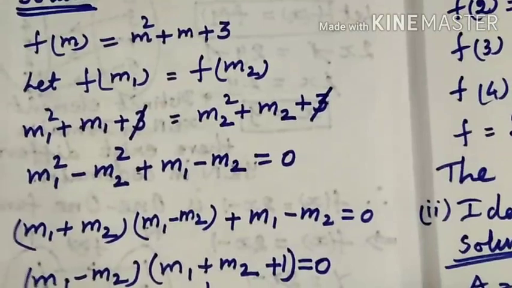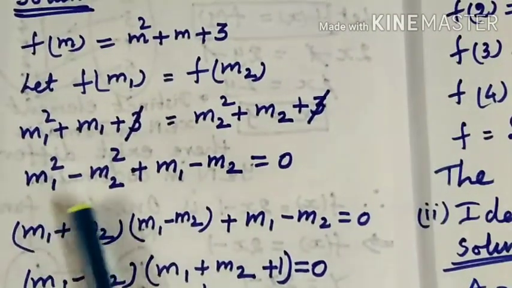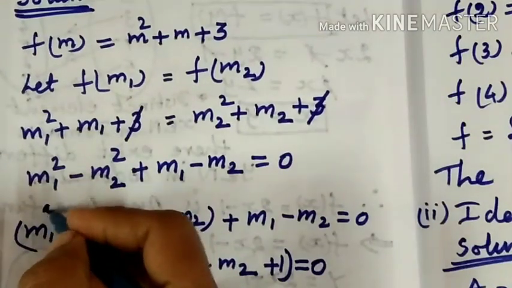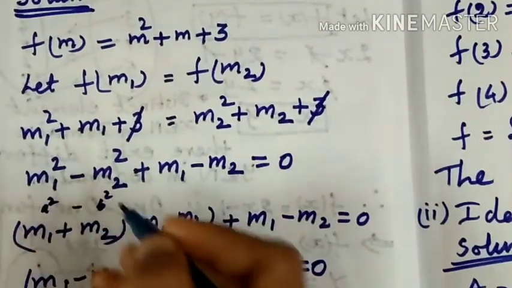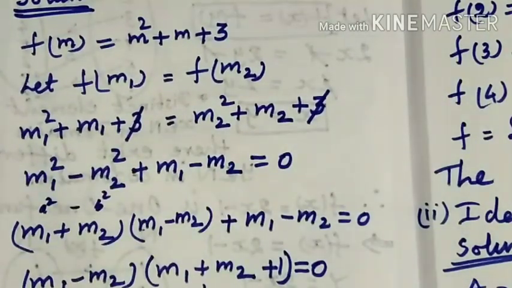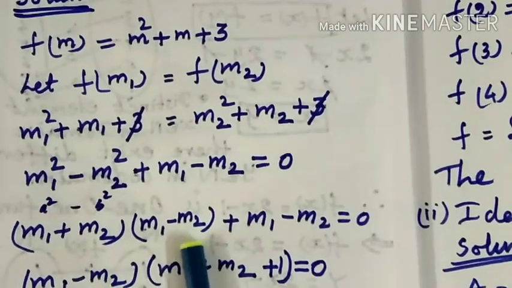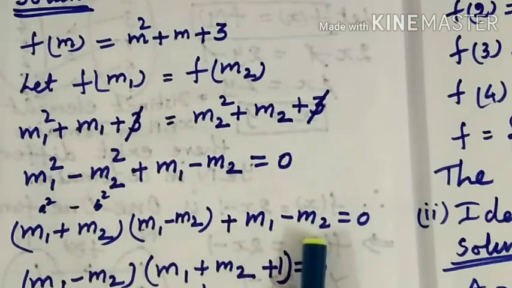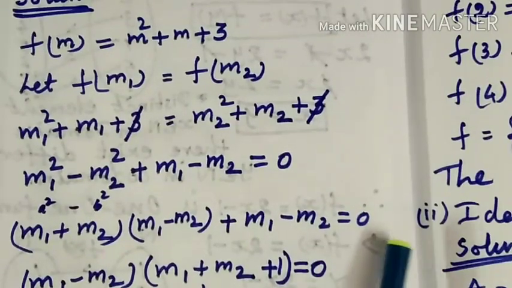In the first term, m1 squared minus m2 squared is in the form of a squared minus b squared. Therefore, (m1 plus m2) into (m1 minus m2) plus (m1 minus m2) equal to 0.